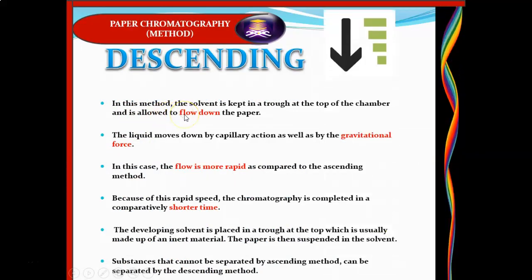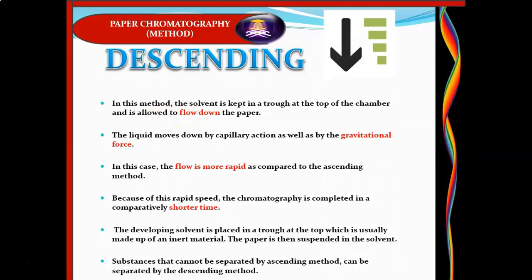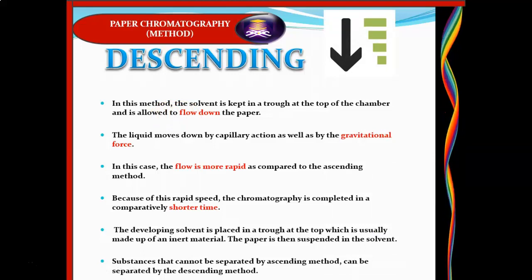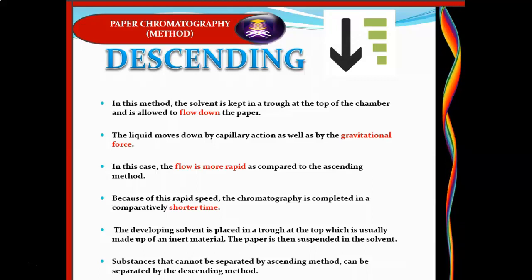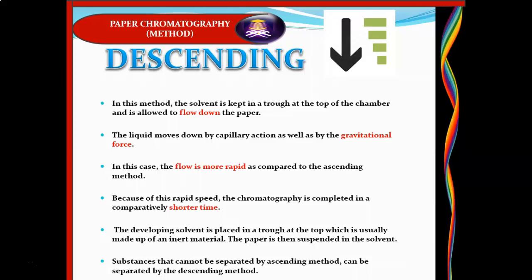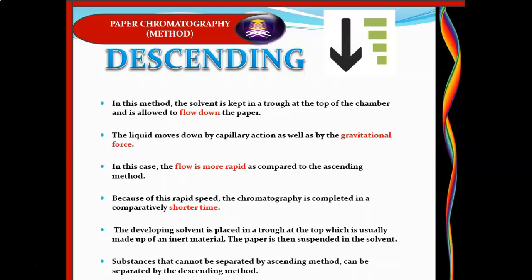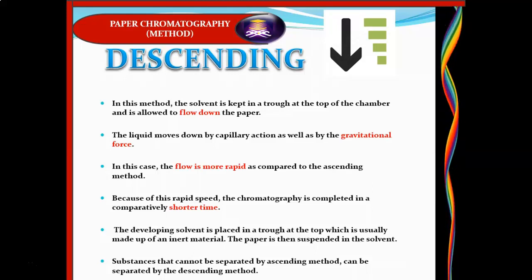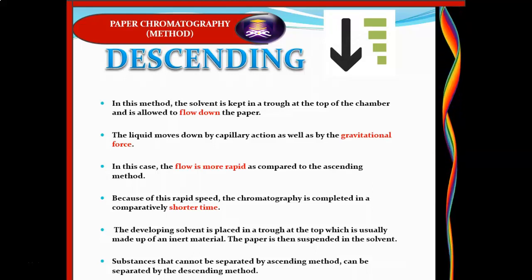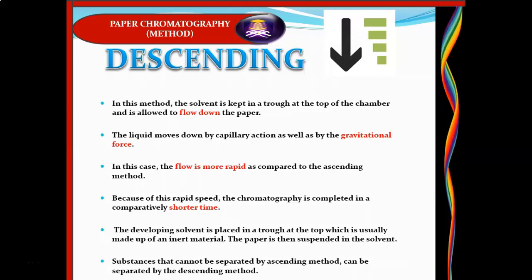Okay, for the descending method, solvent is kept in a tube at the top of the chamber and is allowed to flow down the paper. So the liquid moves down by capillary action as well as by the gravitational force. So in this case, the flow is more rapid as compared to the ascending method.